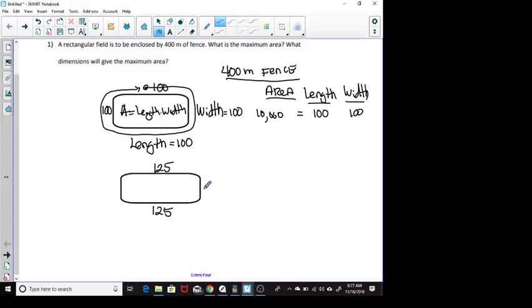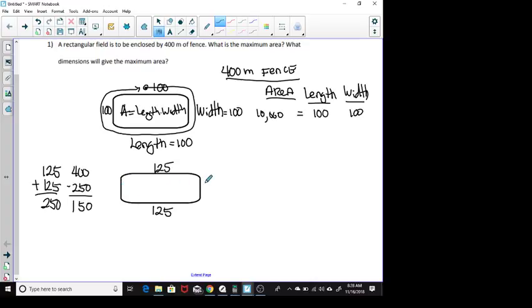I have 400, so that would be minus 250. How much do I have? 150. But this has to be divided by 2.